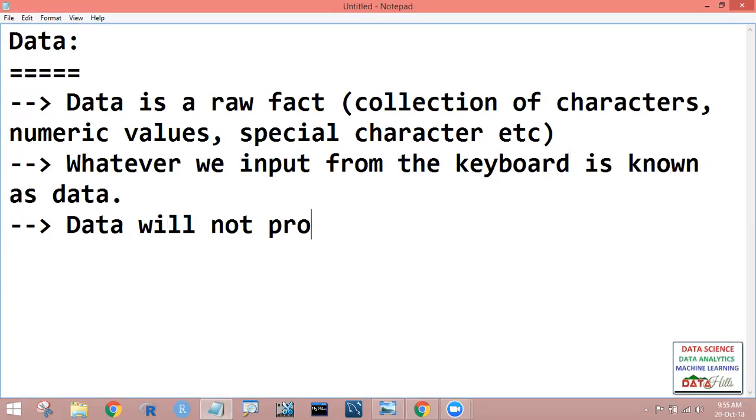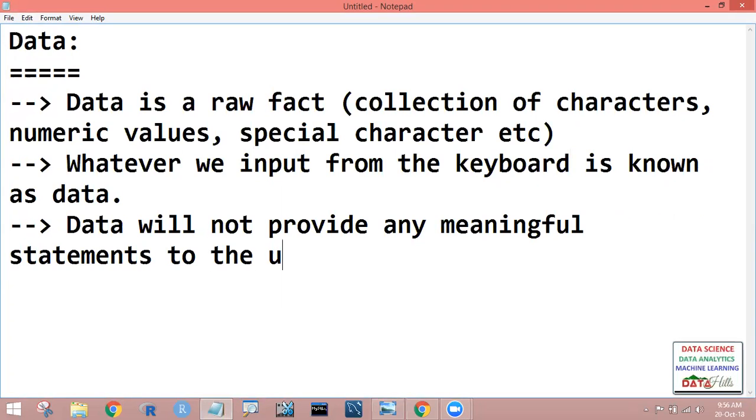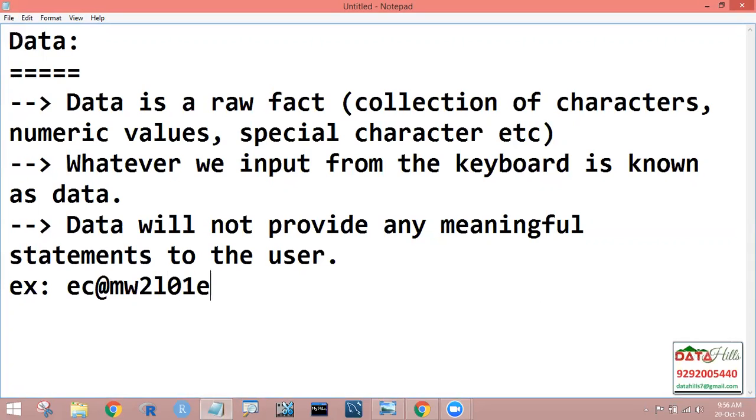Data will not provide any meaningful statements to the user. For example, I am taking some data, a collection of characters, special characters, and numeric values. Let us try to read it: EC at the rate MW 2 LO1E something.